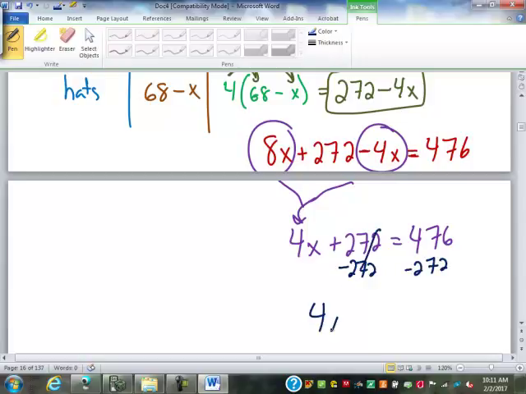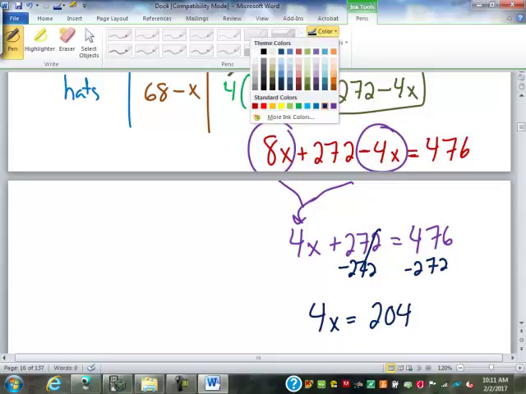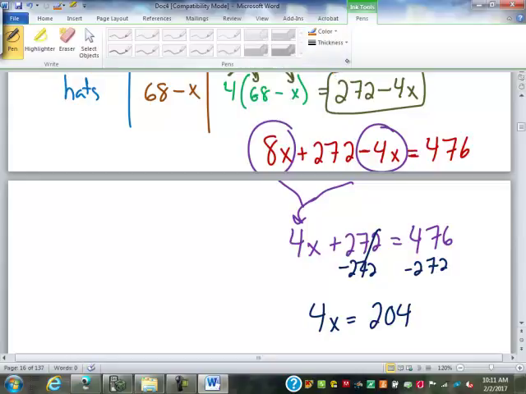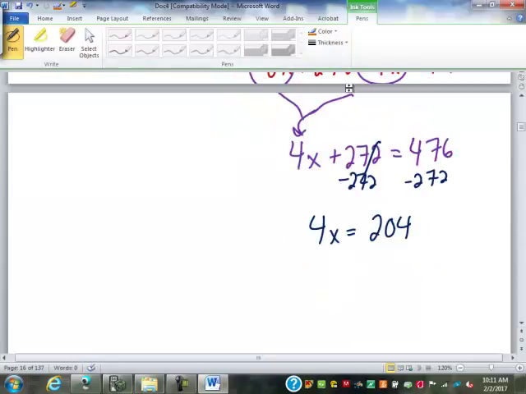So 4x equals 204. And then divide by 4. So x equals 51.